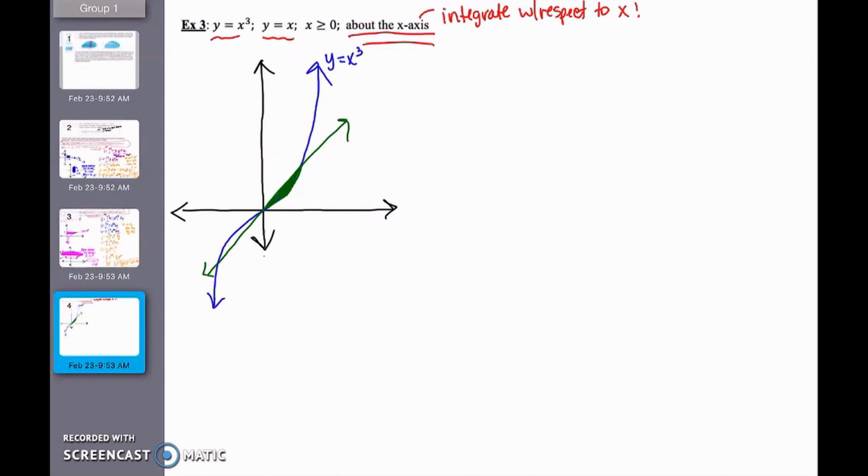And I'm going from x equals 0 to right here, which is x equals 1, because I know that both of my lines have 1, 1 as a point. Y equals x cubed contains 1, 1. Y equals x contains 1, 1. So that is where they are going to be intersecting each other.